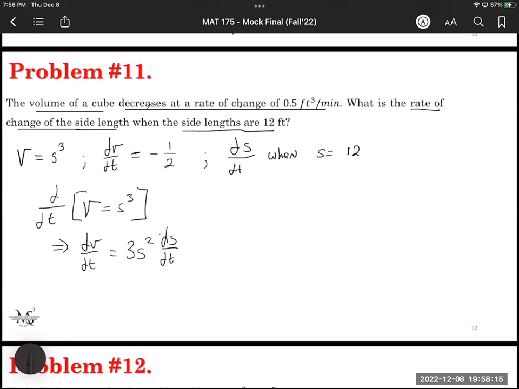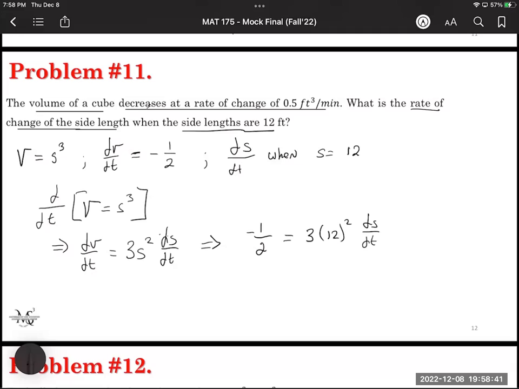This problem required us to find ds dt, knowing that dV dt was negative 1/2, and s at this moment was equal to 12 feet. So when I plug in the values, negative 1/2 equals 3 times 12 squared ds dt.